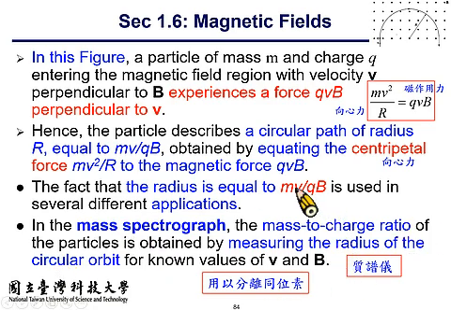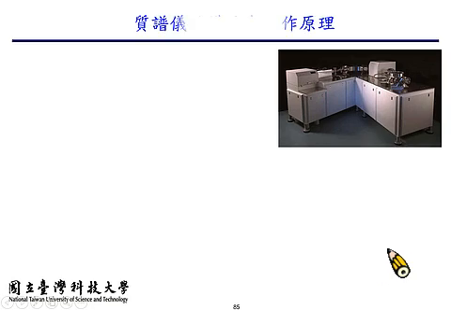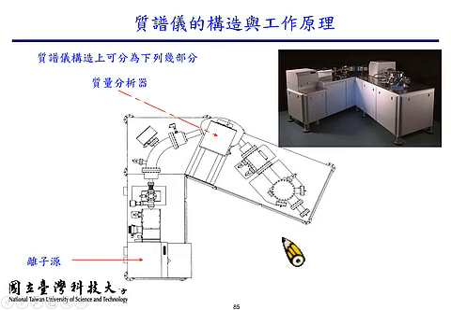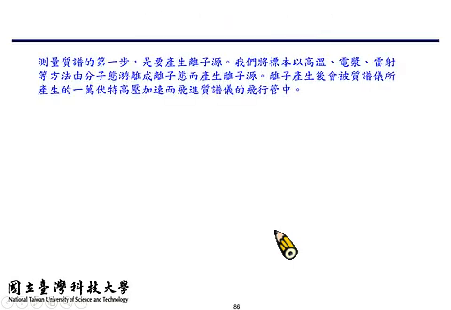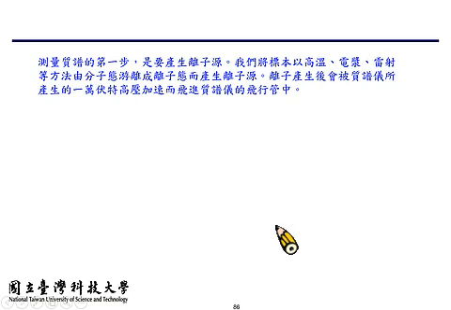Put it in a simpler way: if you can make the charged particles move in a circular fashion, that is, have this charged particle go through this curvature area with specified radius, then you know the mass to charge ratio, m over q.